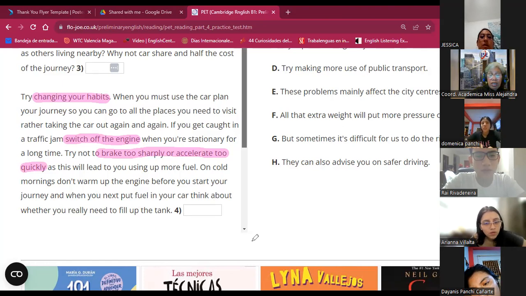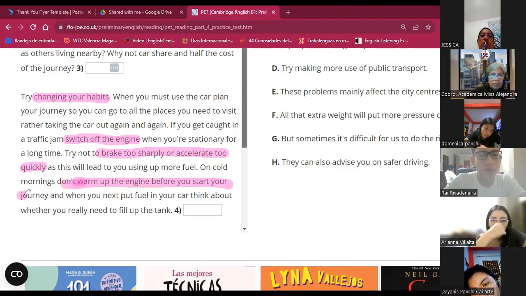That is something we do here in Latin America, and it is not needed because we are in a tropical climate. Basically, it's this: don't warm up the engine before you start your journey. Here in Latin America, some people still do it, but we don't need to.